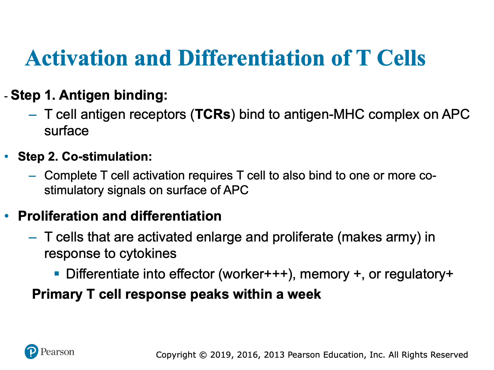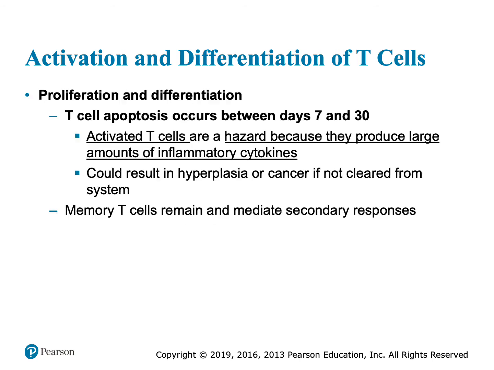Primary T cell response peaks within a week. So within a week, those guys are working really hard. So similar to the B cells, a little bit shorter. Because T cells can be quite inflammatory, they don't live very long. So they're going to all be dead in less than 30 days, usually.